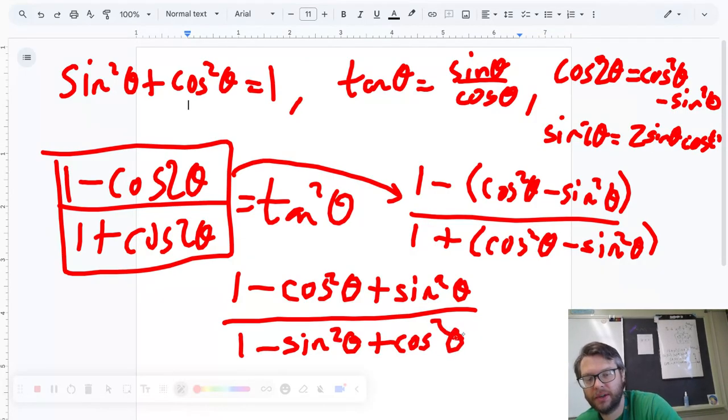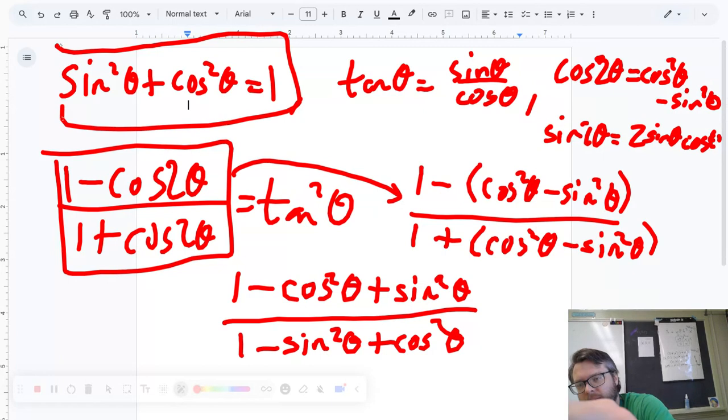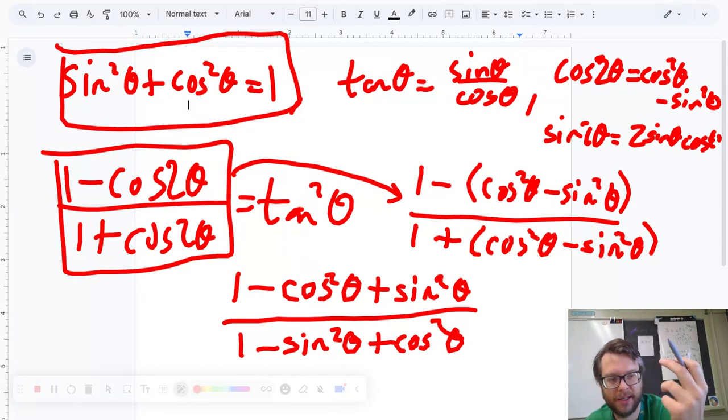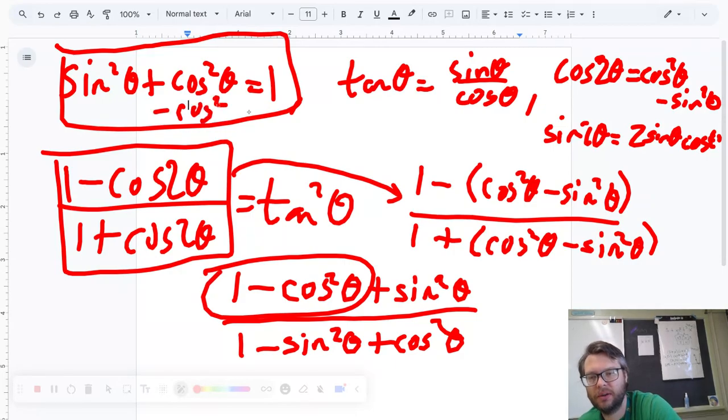plus cosine squared theta. Now, I always write this identity in the top left corner, sine squared plus cosine squared. I always write it like that, but you also have to recognize that you can subtract and change it around. So if you look at, for example, 1 minus cosine squared, how could I make it 1 minus cosine squared? Well, I could take away cosine squared from both sides.